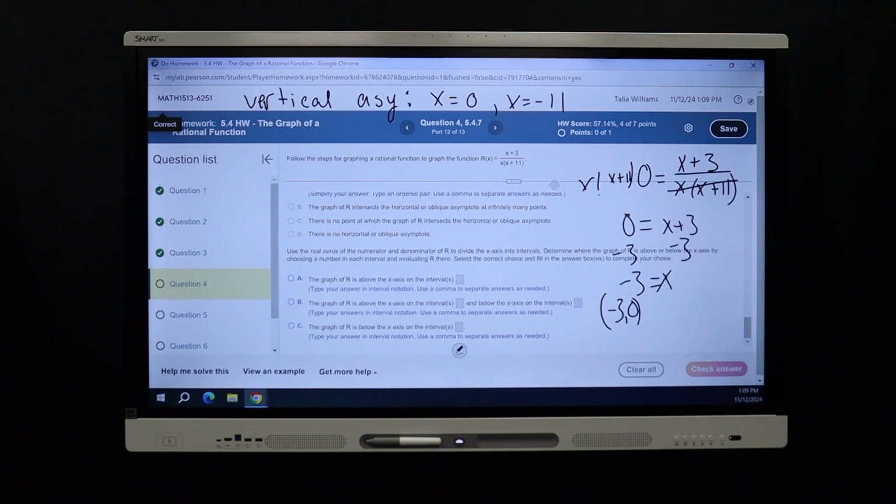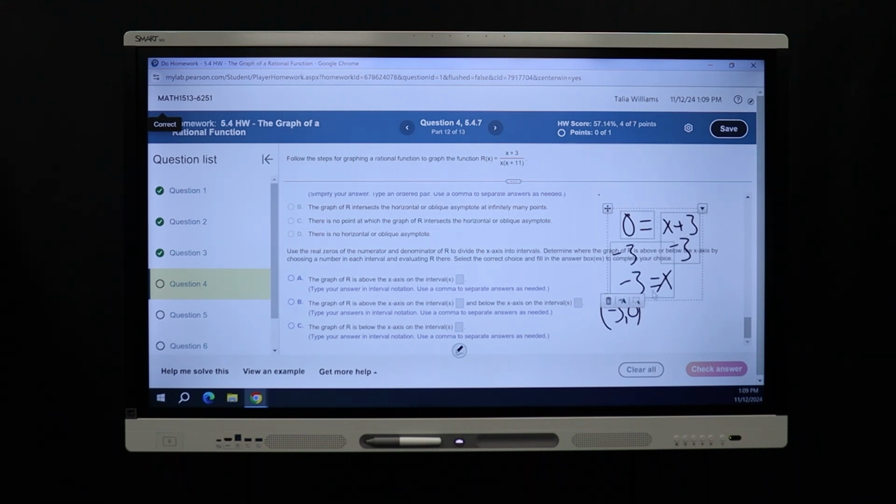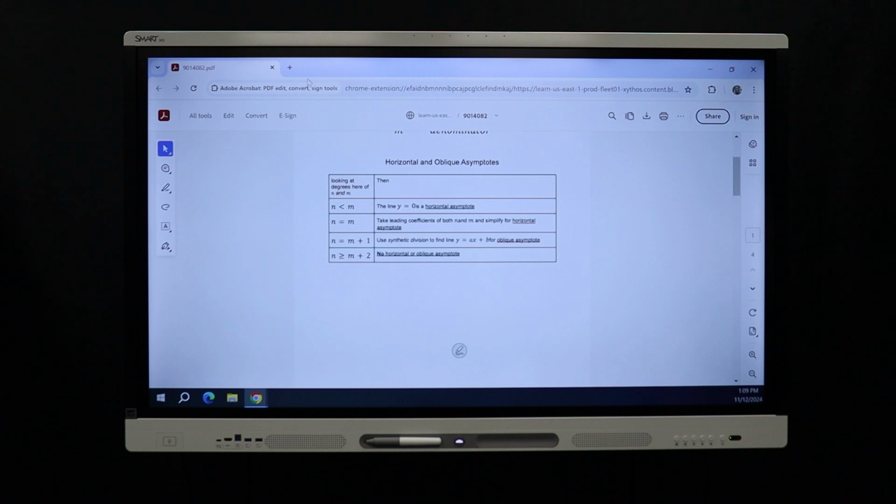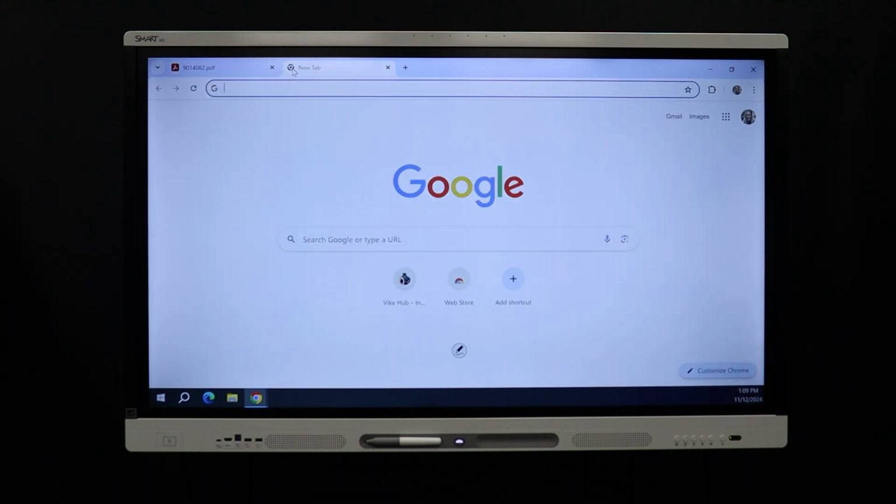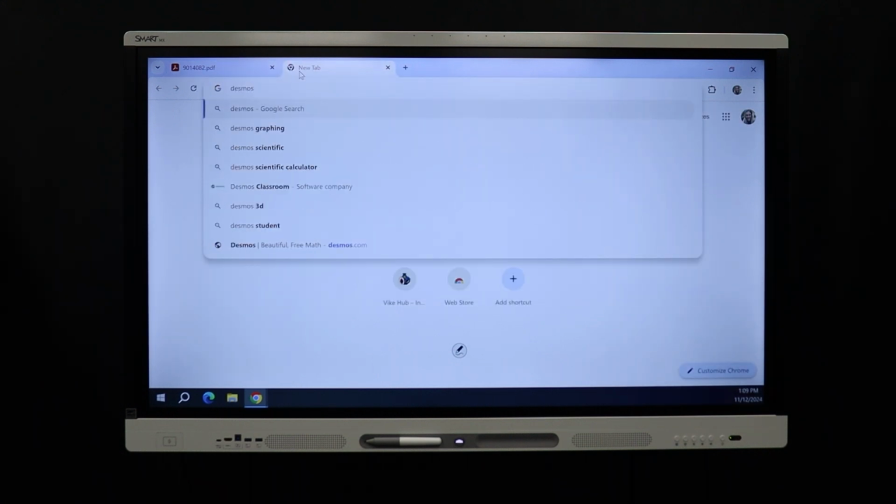Okay, this part I think we're going to go ahead and pull up the graph and look at it. So let's see, if I click here, we'll go to this one. I'm pulling up Desmos graphing.